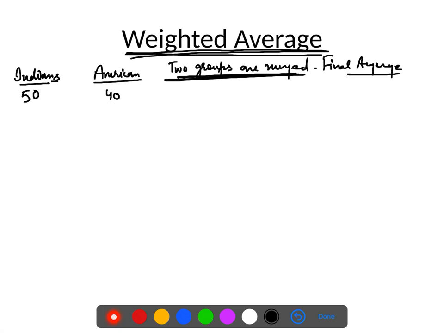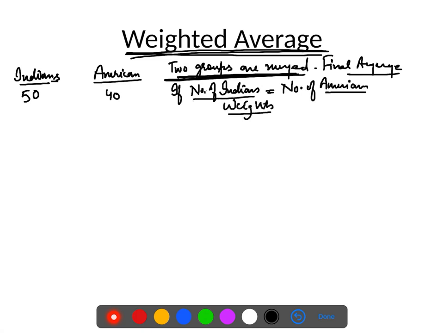Now, if the number of Indians is equal to the number of Americans, that's what we are calling weights. Number of Indians and number of Americans, that is the weight of each group.